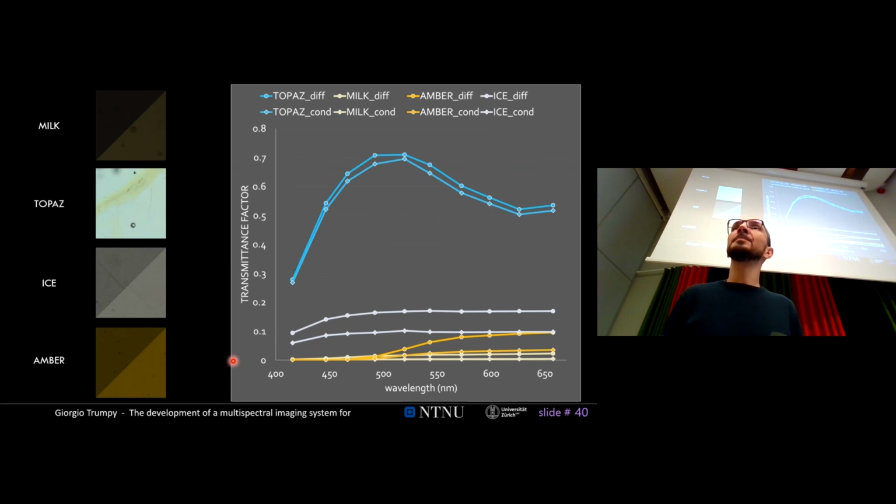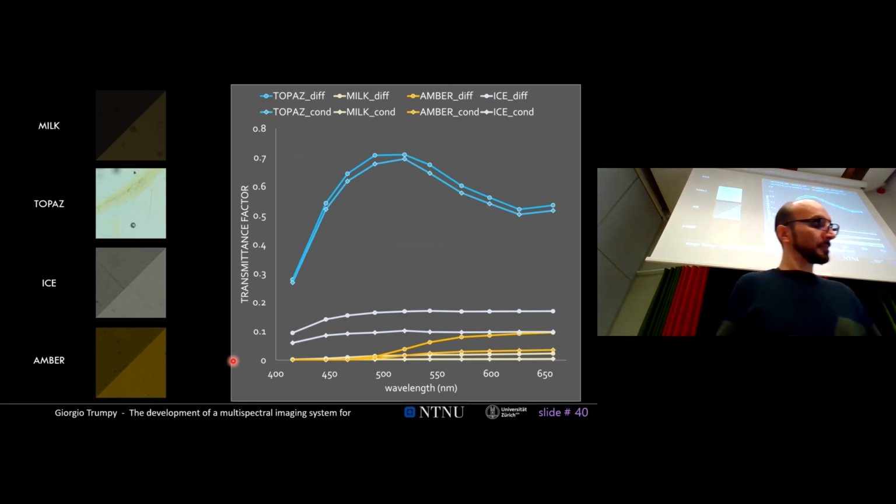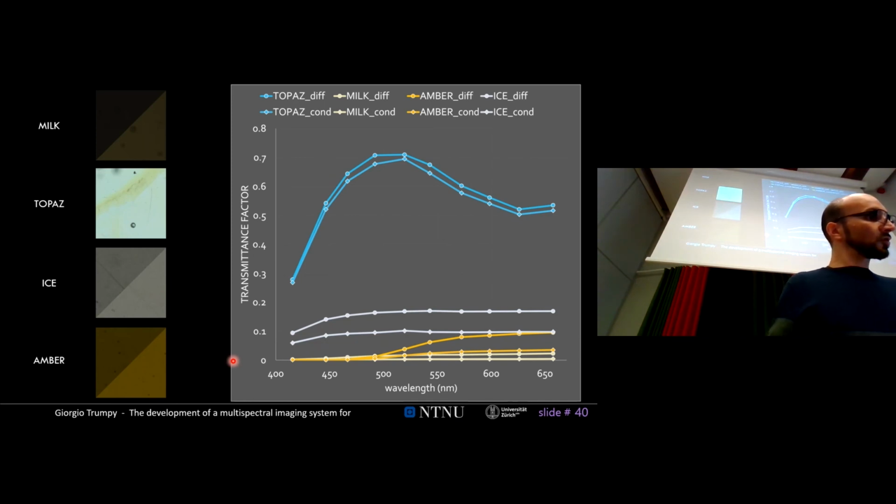Condensed illumination is bottom right, top left, huge square. Yeah, top left, condensed illumination, bottom right, diffuse illumination. So the diffuse is transmitting more, yeah.